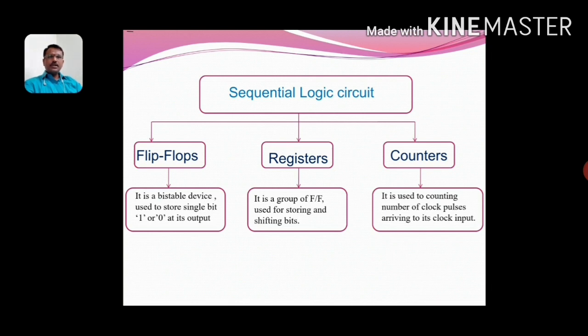It is a bistable device used to store a single bit, either 1 or 0, at its output depending upon the condition of flip-flop, set or reset. If flip-flop is set, then 1 bit is stored at the output. If it is reset, then 0 bit is stored at its output. Registers are a group or array of flip-flops which is used to store and shift bits. So a group of n flip-flops will store or shift n bits.